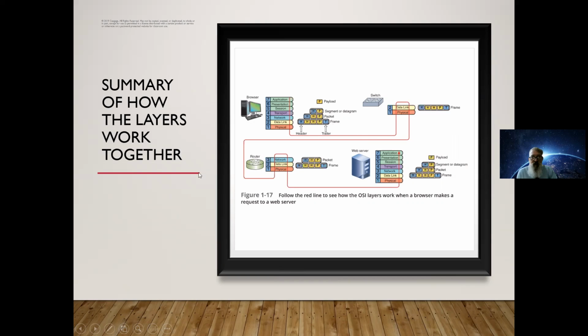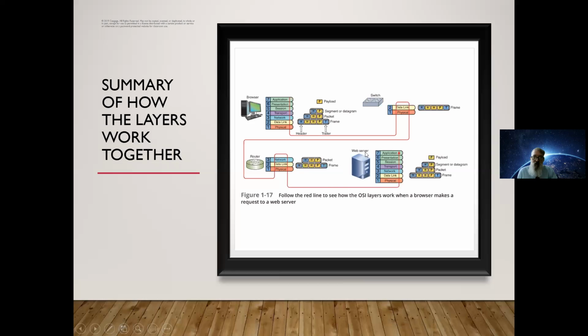So the frame arrives at the router, and it came with a header and a trailer, and those are stripped off. And so now the router is looking at the packet, and the router is going to analyze that packet, where it should go, and then it's going to add a new header and trailer, which is going to turn that into a frame, which will then be sent out onto the network again.